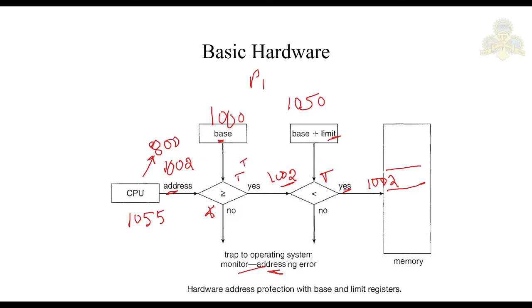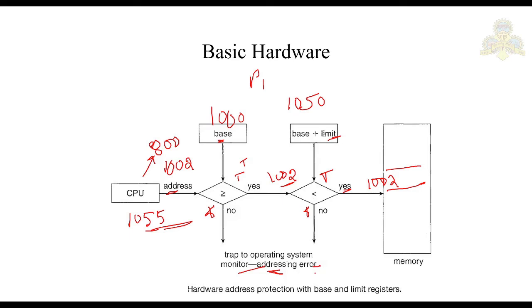Now next what we check is whether this 1055 is less than 1050. In our case it is 1055, right? So it is false. That means again an error occurs, or basically a trap occurs. So this is how you can provide protection to your process using the base and limit registers.